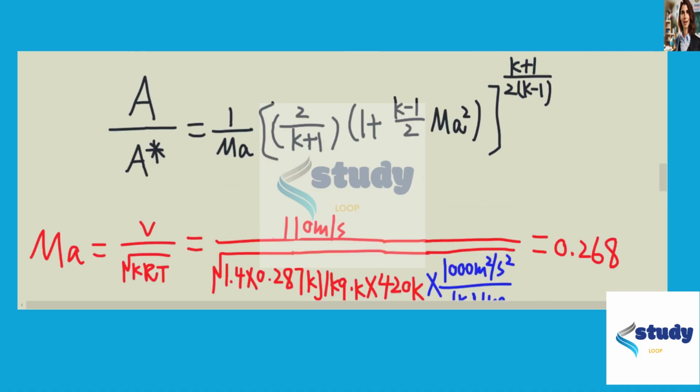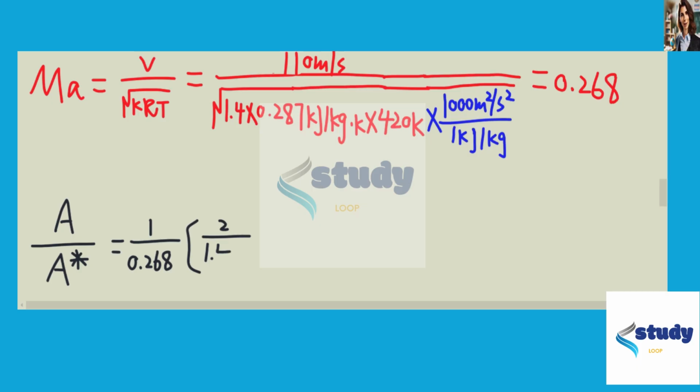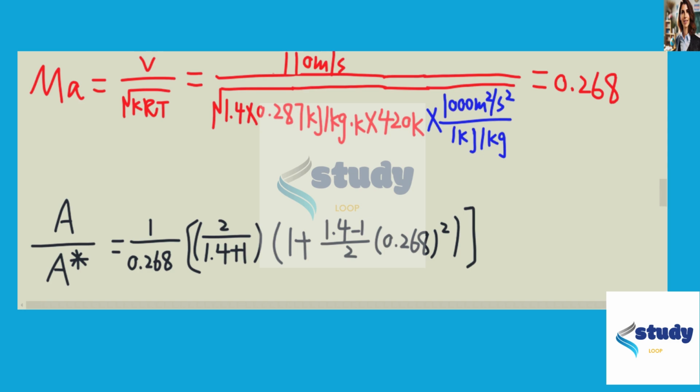So now let's plug back into the equation to determine the ratio of the entrance area to the area at this location, which is equal to 1 over 0.268 times 2 over 1.4 plus 1, and then times 1 plus 1.4 minus 1 divided by 2 times Ma squared, which is 0.268 squared, and the whole thing to the power of 1.4 plus 1 over 2 times 1.4 minus 1.